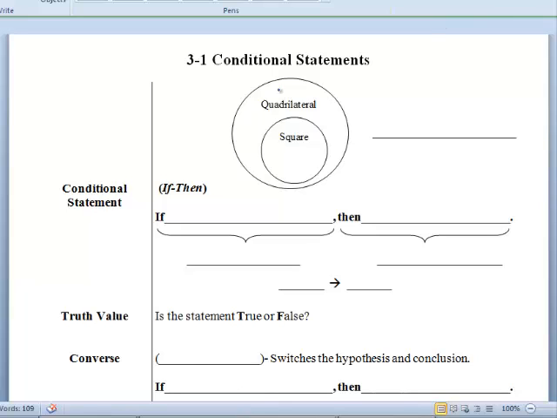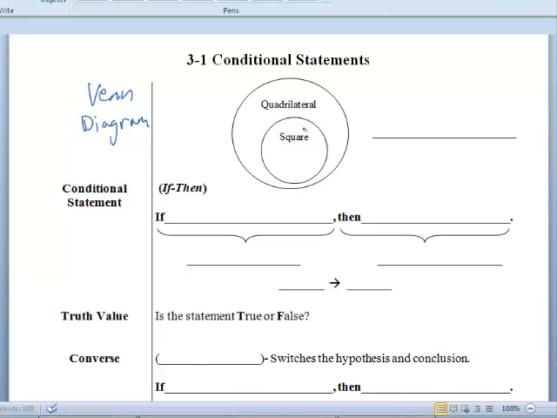First off, we have this diagram here for us. This diagram is actually a type of Venn diagram. You may have seen Venn diagrams before. That's not the main part of the lesson, but it's just what we have here. This Venn diagram illustrates something. We have a square circle, and then the quadrilateral circle outside.